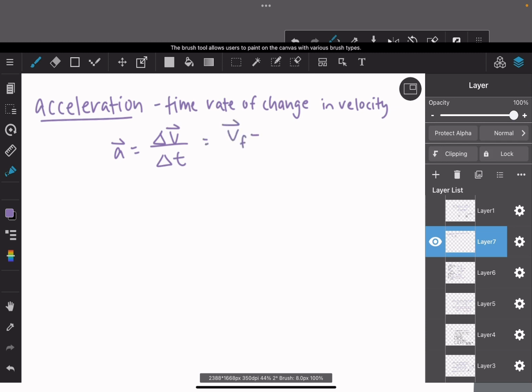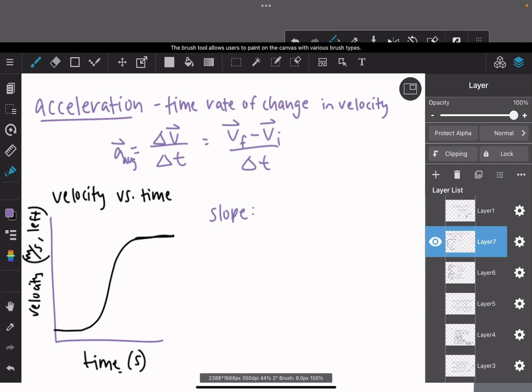So final velocity minus initial velocity over change in time. And that is the average acceleration. All right, so let's look at a graph. So what is the slope of this graph? Well, again, it's change in y over change in x, so it would be change in velocity over change in time. That equals acceleration.